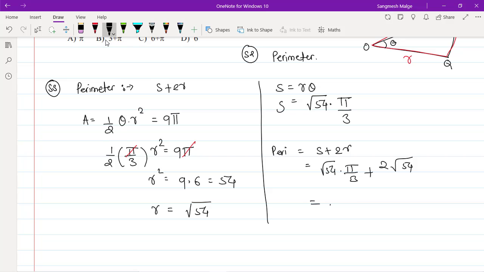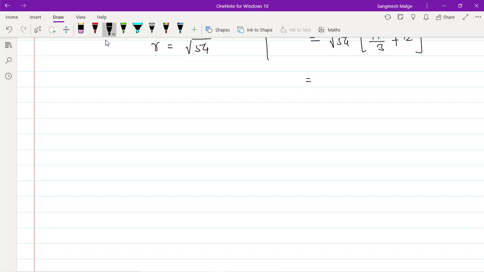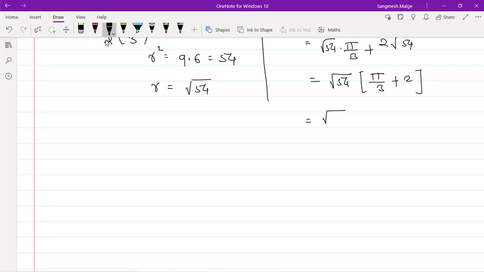Let's take root 54 common, and inside the bracket pi by 3 plus 2. So it becomes root of 54 into 6 plus pi by 3.